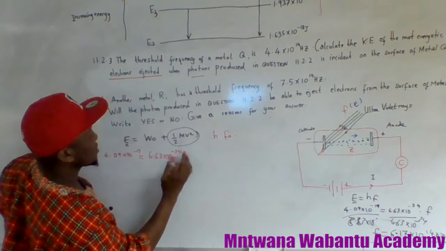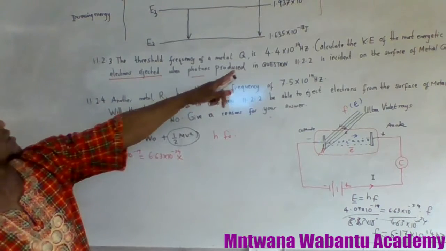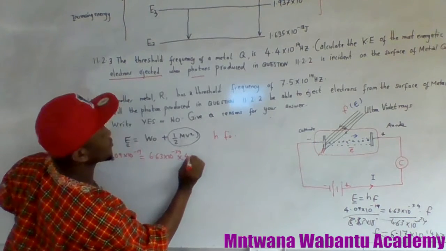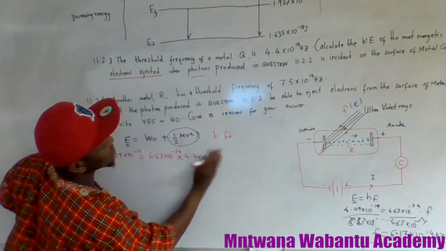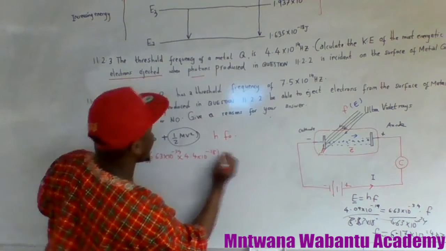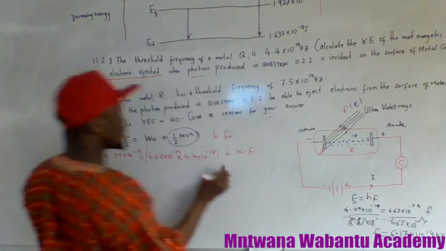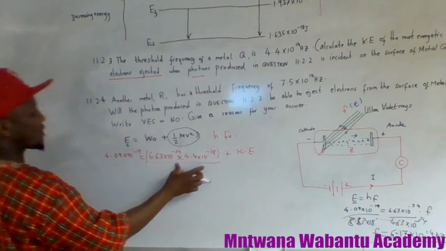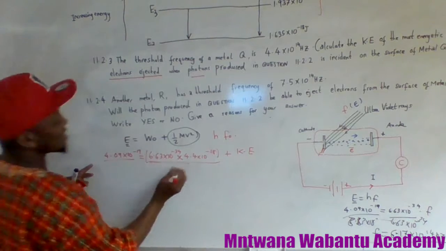Then times our threshold frequency, which is given there, 4.4 times 10 power 14. And then plus kinetic energy. So you can take all this group, multiply, get the answer, take it to the back, take all this minus this, and you're going to get your kinetic energy.